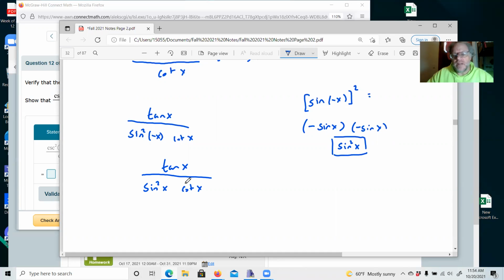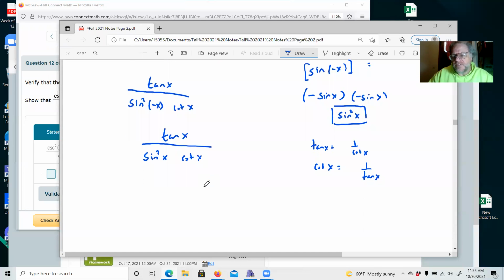Now what's cotangent x? We know that tangent of x is equal to 1 over cotangent of x, or we could say cotangent x equals 1 over tangent x. So it's the reciprocal function. Now you could look at that and say, oh, reciprocal, this is going to go upstairs when I turn it into a tangent. Let's work a little bit slower.